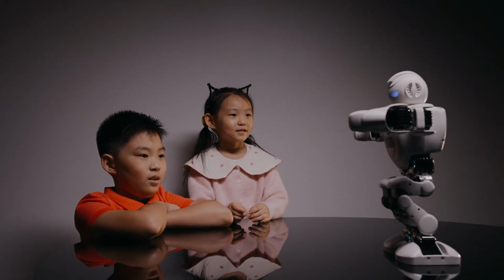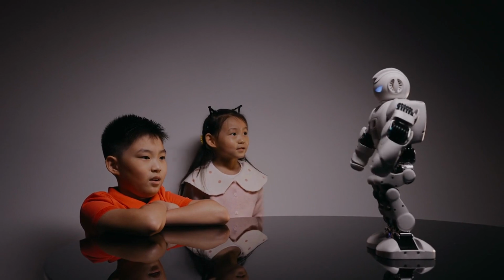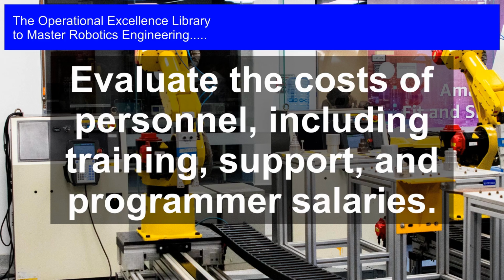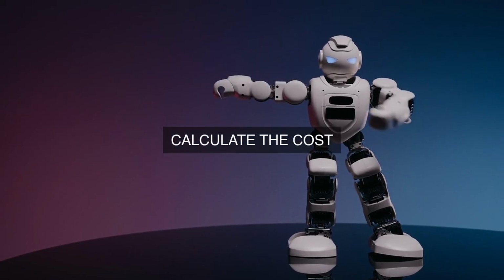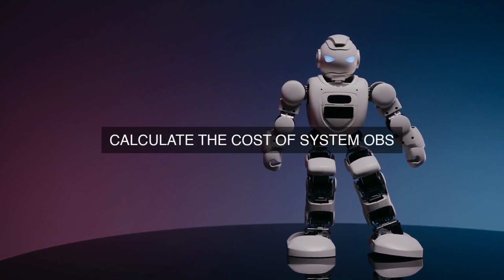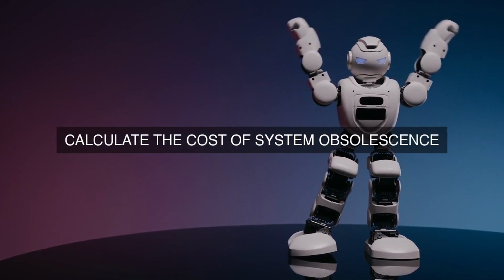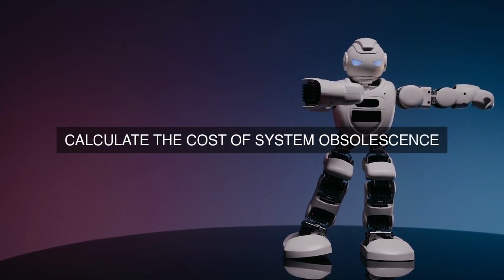4. Training and support costs. Costs associated with operator training, technical support, and software updates should be factored into the TCO calculation. 5. Cycle time and throughput. The robotic system's impact on production efficiency and throughput should be evaluated to determine its effect on overall costs. 6.